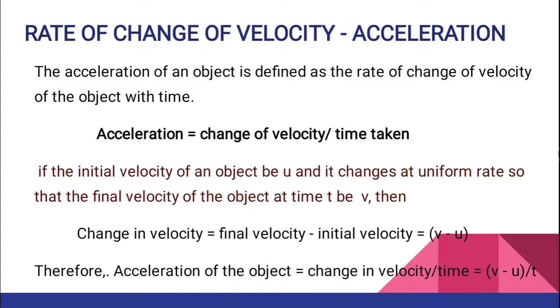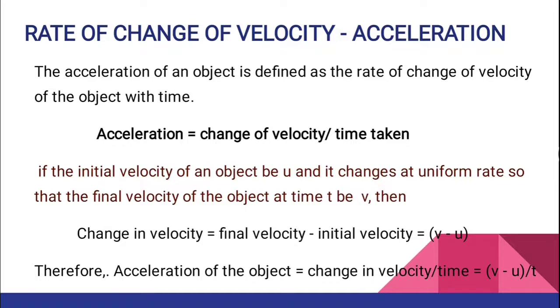Now students, you know that for a uniform motion along a straight line, the velocity remains constant. That is, velocity is not changing with time. But for a non-uniform motion, velocity is changing. It means at different instants of time, velocity is also different. So if we take the change in velocity for a given time period, then it will not be zero.